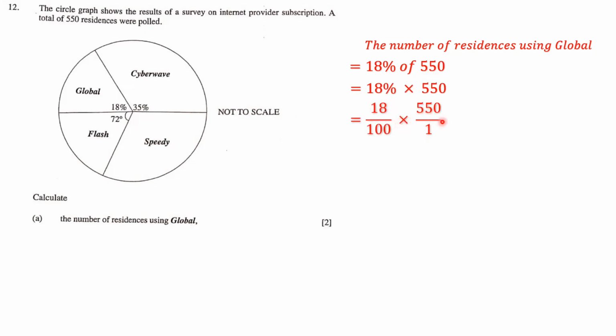We do 18 times 550, that's going to be 9,900. And then we do 100 times 1, which is 100. We divide that by 100 and we get 99. So the number of residences using Global is going to be 99 residences.